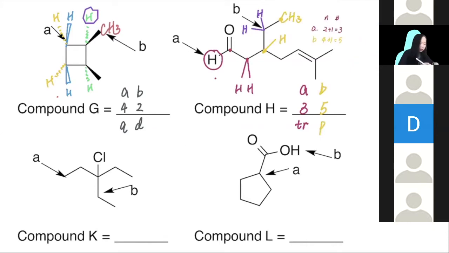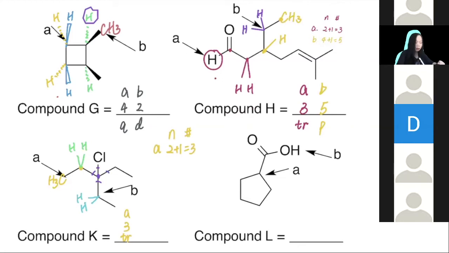So compound K, A is a CH3, and this carbon has 2 protons. For A, the number of protons is 2, so I'm expecting to see 2 plus 1 equals 3. B are the protons here. So what are my carbon neighbors? B has a carbon, this deep purple, which doesn't have any hydrogen, because this deep purple carbon is already bonded to 4 things.